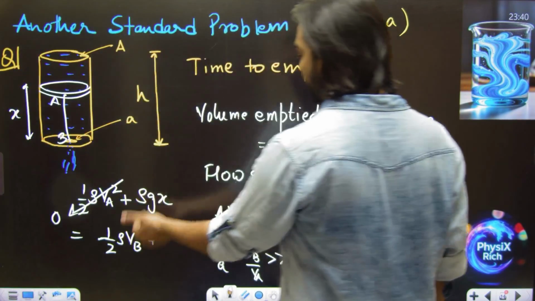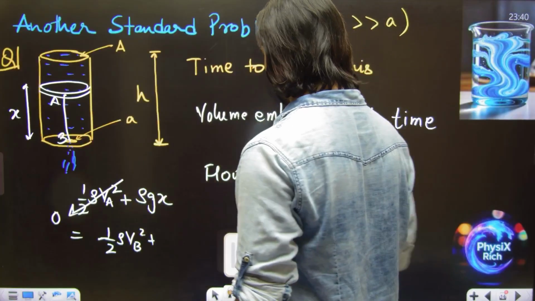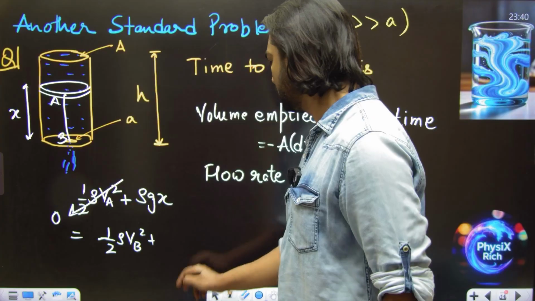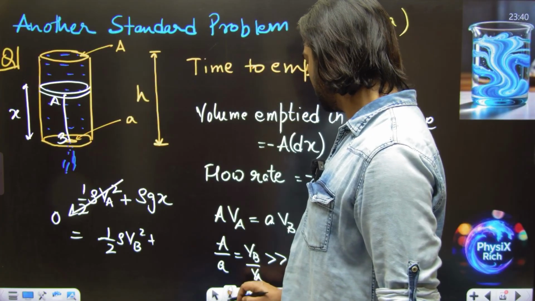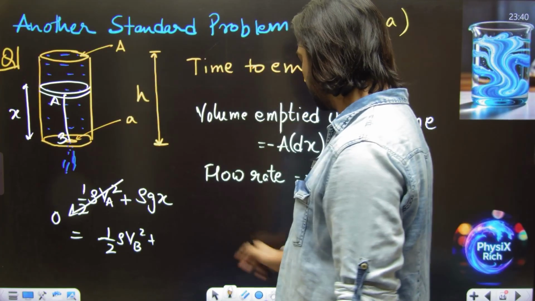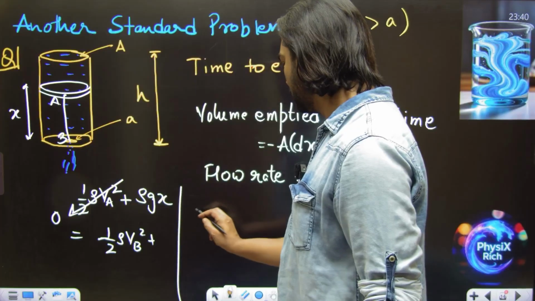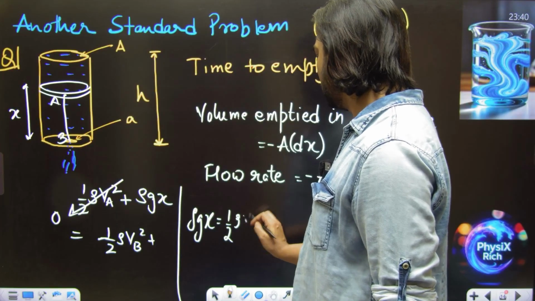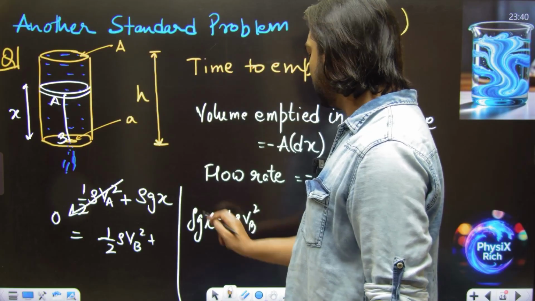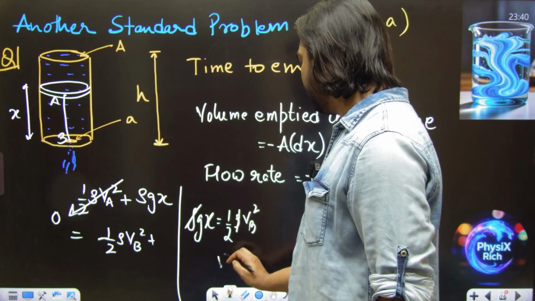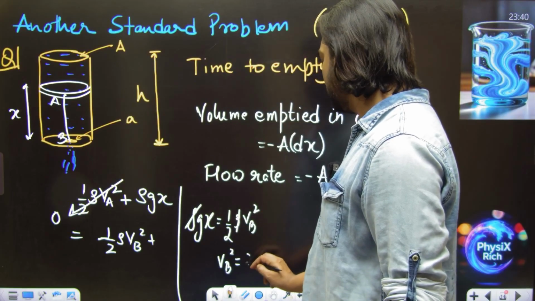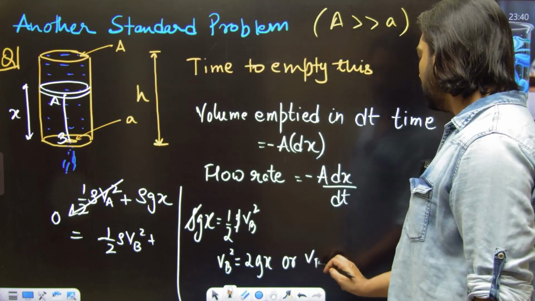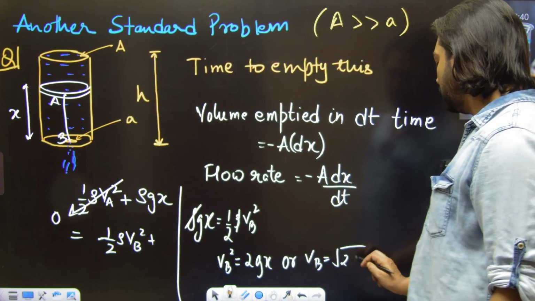So, if we compare these two terms only, if we just simply say that rho gx is equal to half rho VB squared, then you see the rho gets cancelled and VB squared simply becomes 2gx, or you can say that VB is square root of 2gx.